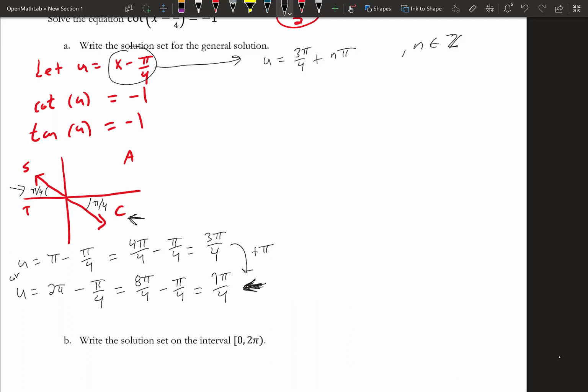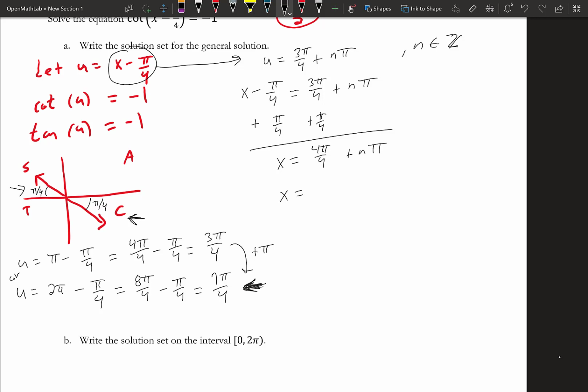So now if I plug this in for u, I can get it in terms of x. This would give me x minus pi over 4 equals 3 pi over 4 plus n pi. I want to solve for x, so I can add pi over 4 to both sides. And I get x equals 3 pi over 4 plus pi over 4, which is 4 pi over 4, plus n pi. So 4 pi over 4 is just pi.